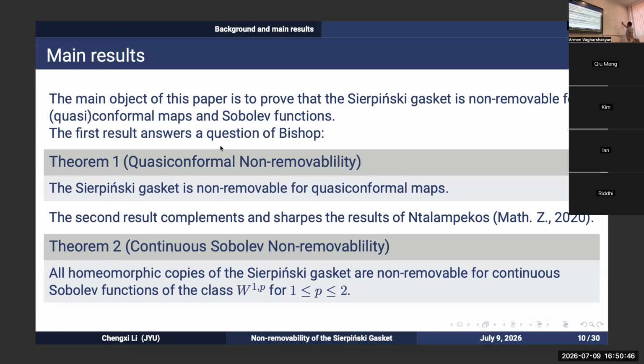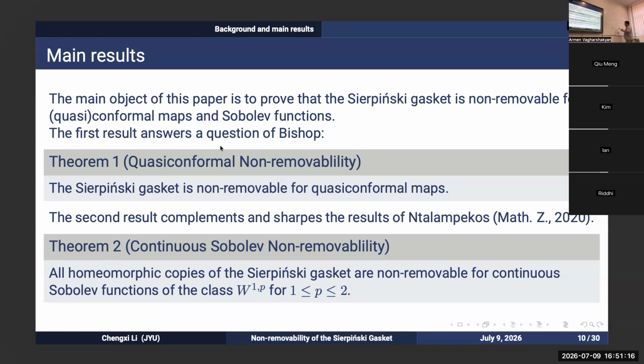And for p larger than 1 and smaller or equal to 2, it's non-removable. This is in his Inventiones paper, and it is tested in this paper. And the quasi-conformal removability is also non-removable. This is his Inventiones paper. And we knew that this is just a bit like this.